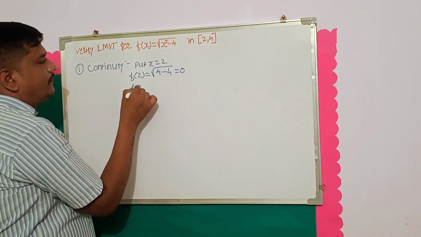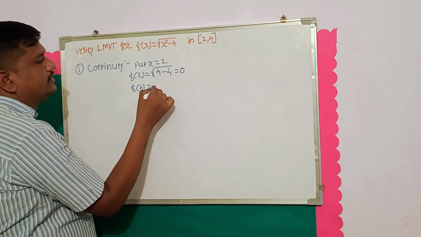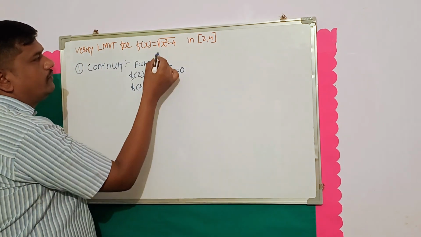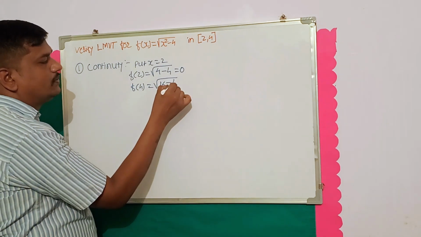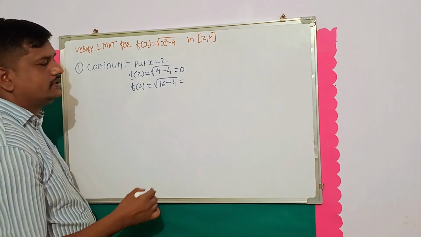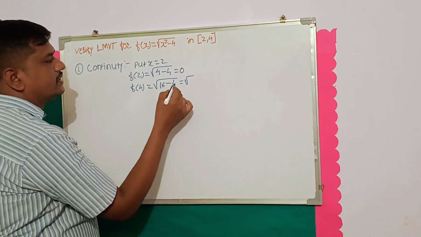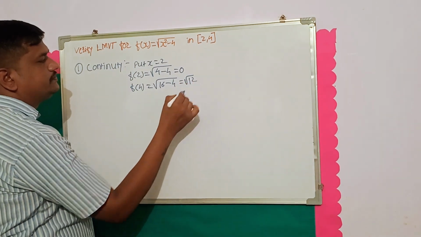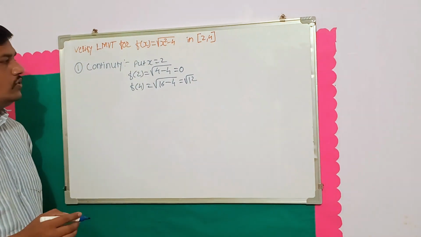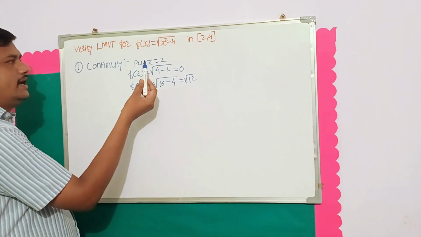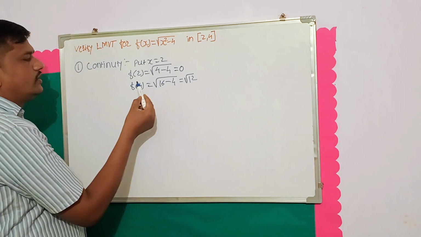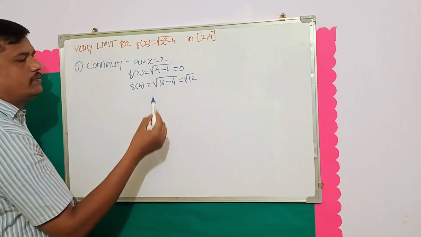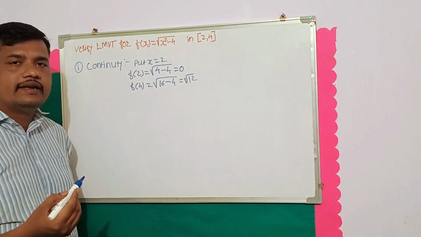And then f of 4, I will get square root of 4 square, which is 16 minus 4, equal to square root of 12. So for 2 we are getting 0, for 4 we are getting square root of 12, which are both valid numbers.